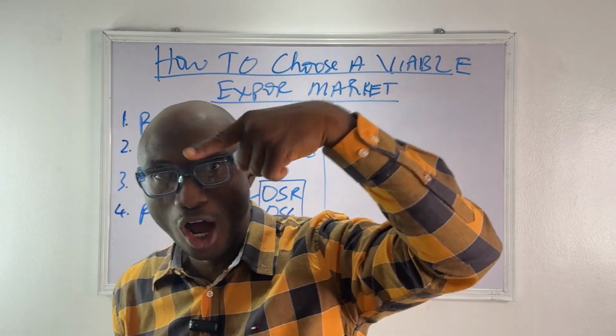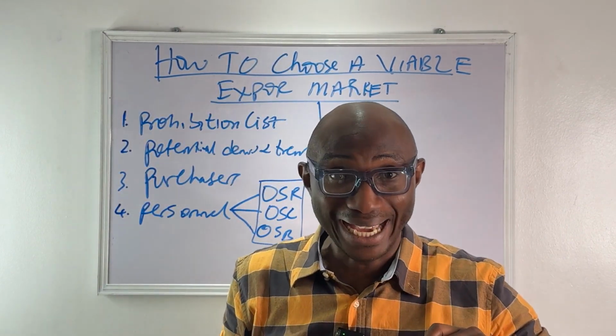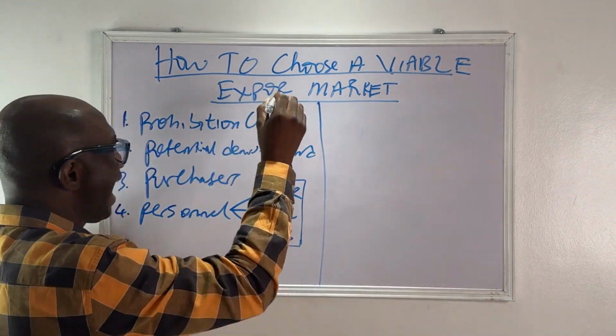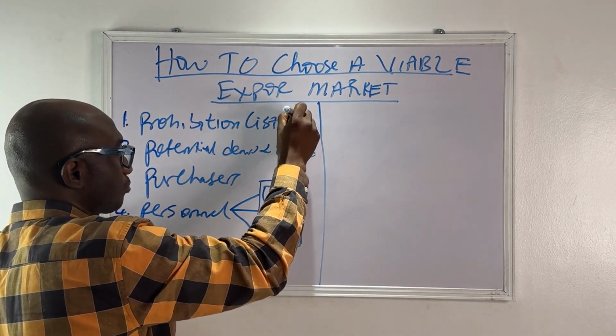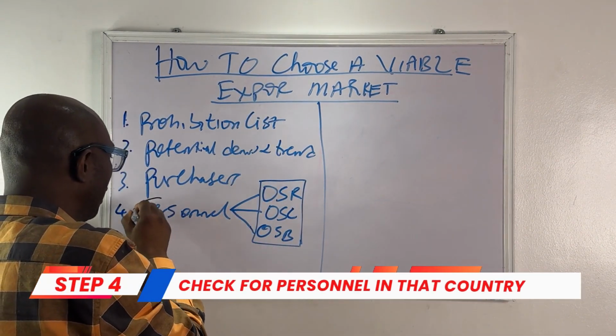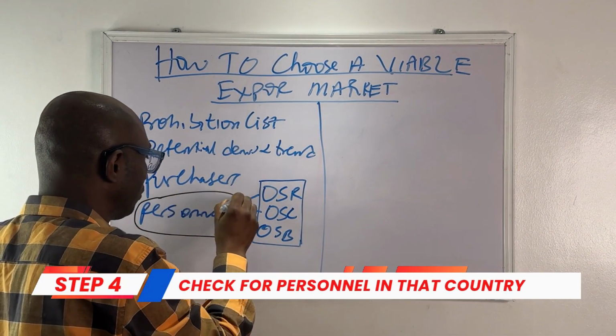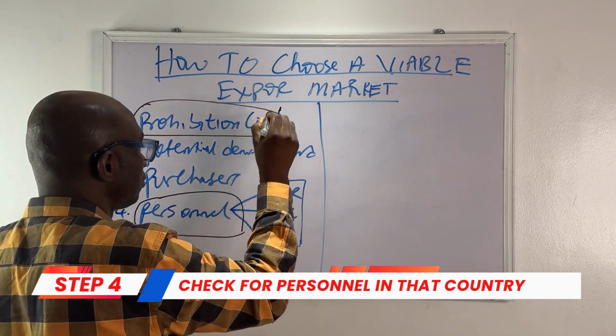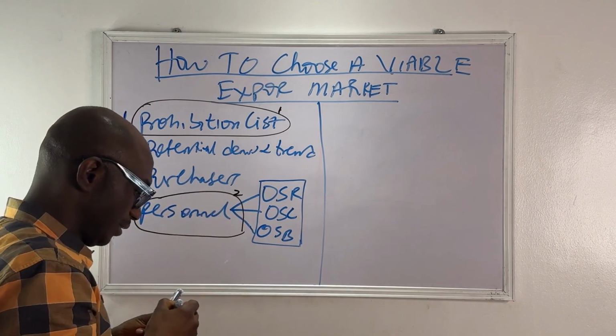So you might knock off some markets because you don't have a rep. In fact, after prohibition, the next most important, in my opinion, is this personnel. Why?